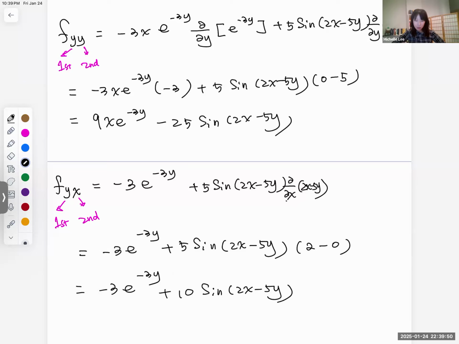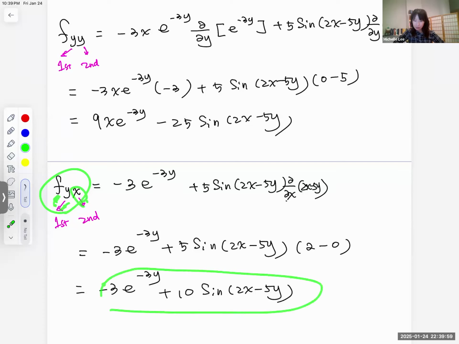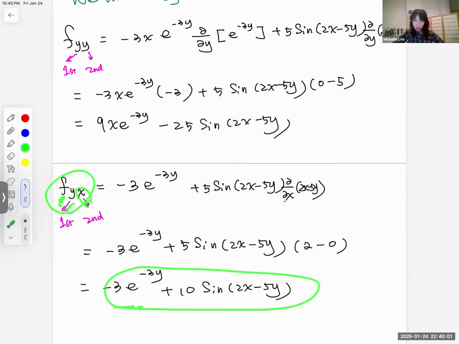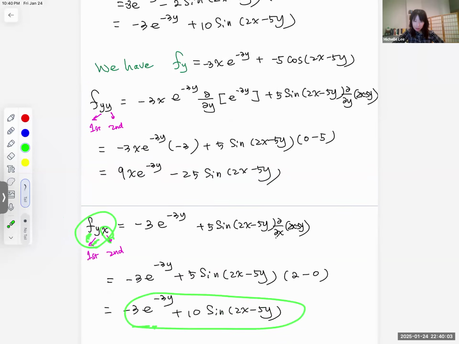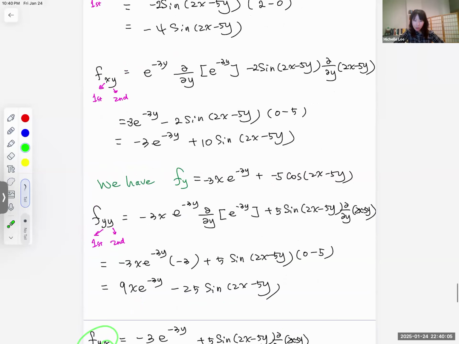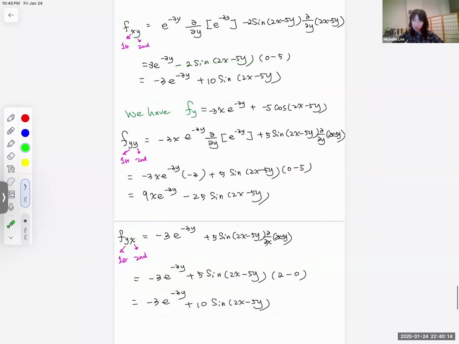Let's take a look. We have partial derivative with respect to y, then x. We get that. Yeah. Let's see. How about here? Partial derivative with respect to x first, then y second. We get the same thing. Can you see that? Let me make it smaller.